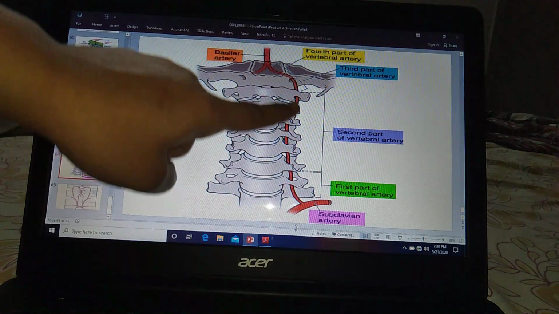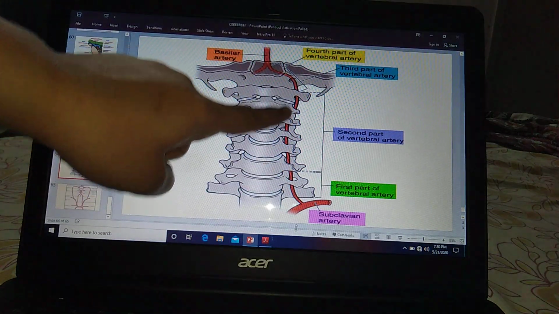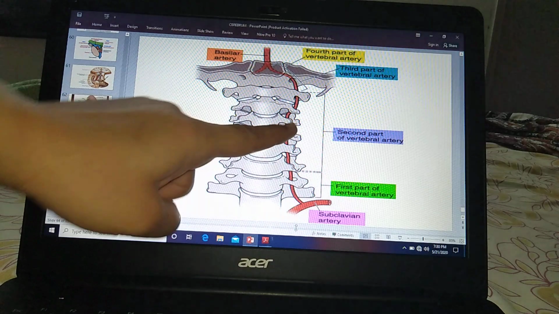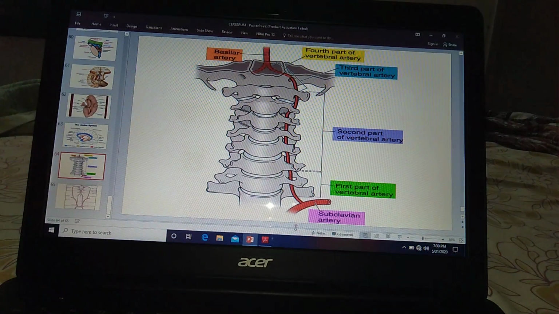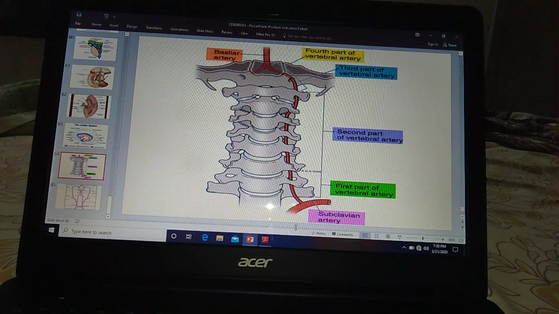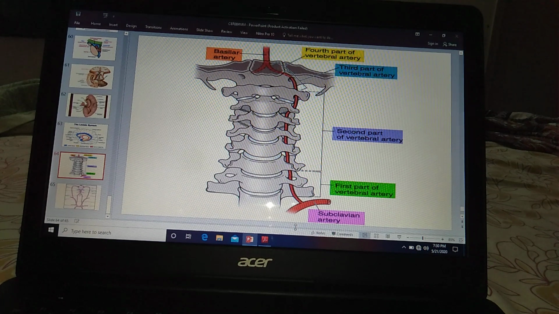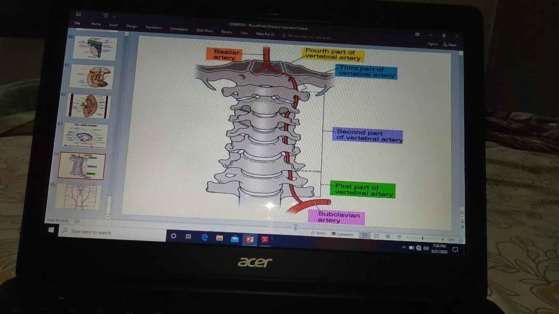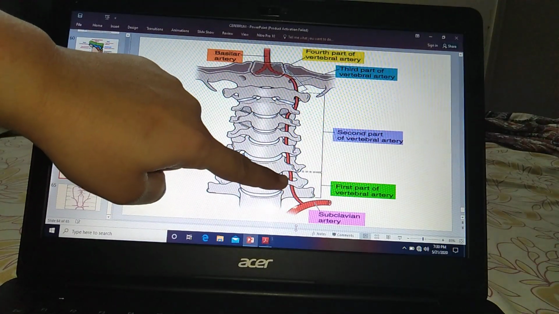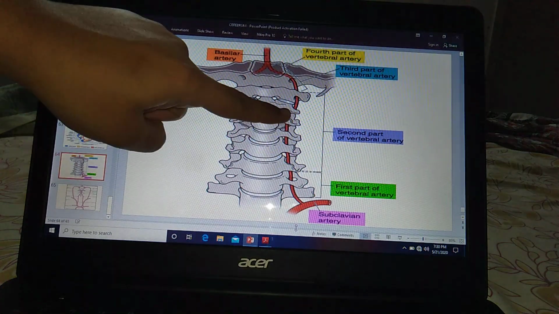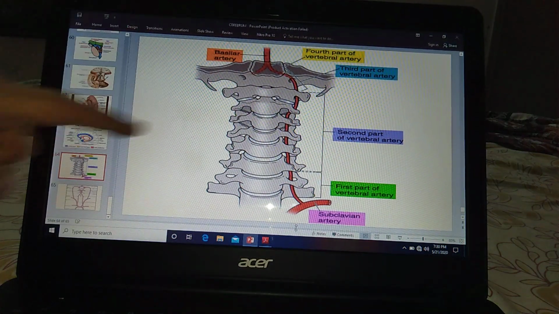This foramen transversarium, you know that it is a feature present only in the cervical vertebrae, right? A foramen is present called the foramen transversarium. The second part courses from the foramen transversarium of the sixth cervical vertebra up to the first cervical vertebra.